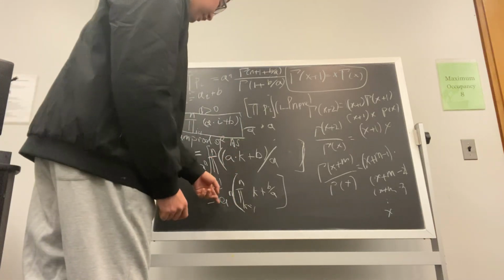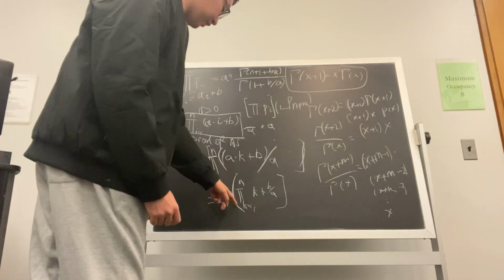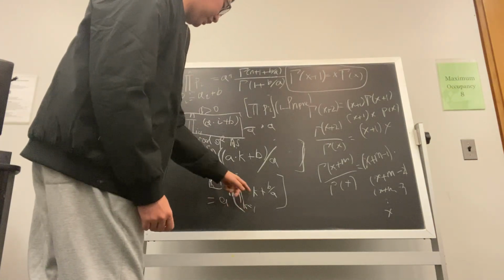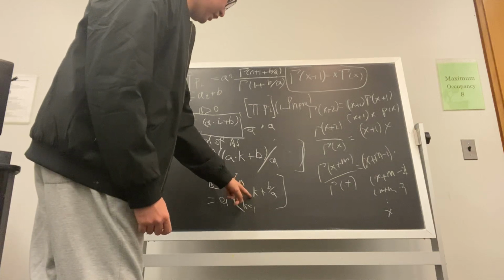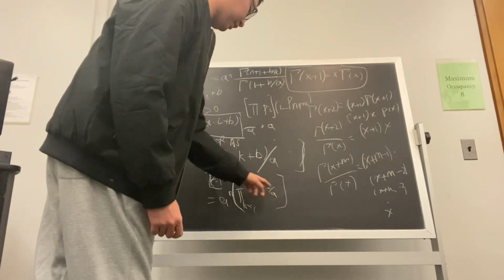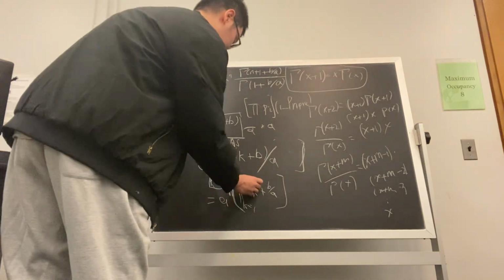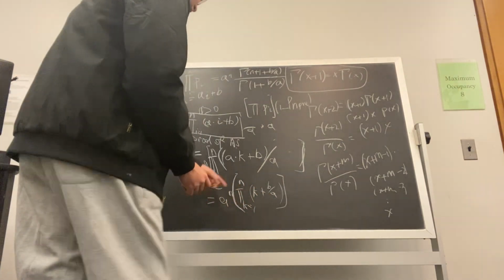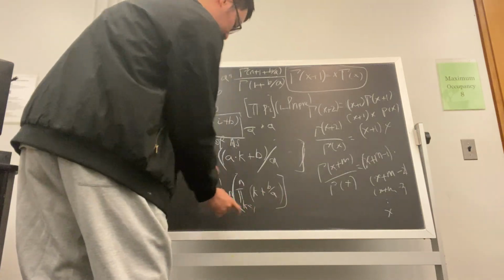So this is a to the power n, and this form is k from 1 to n. So the starting term is k plus b divided by a, and the ending term is n plus b divided by a. So this term becomes this term.